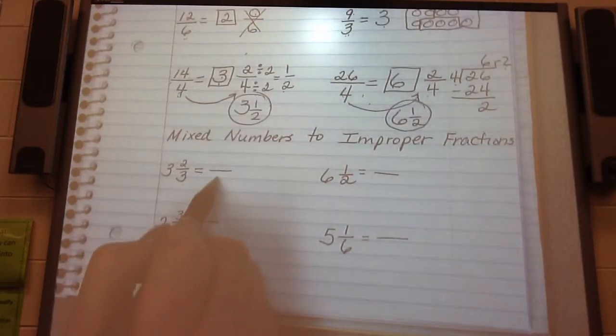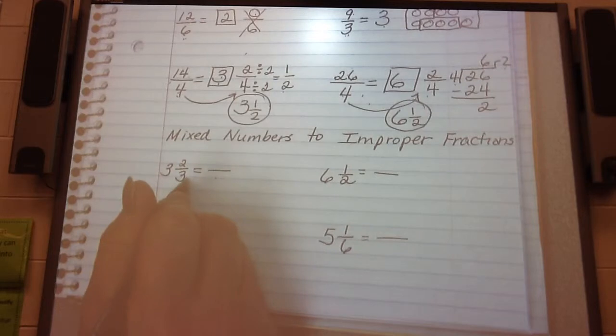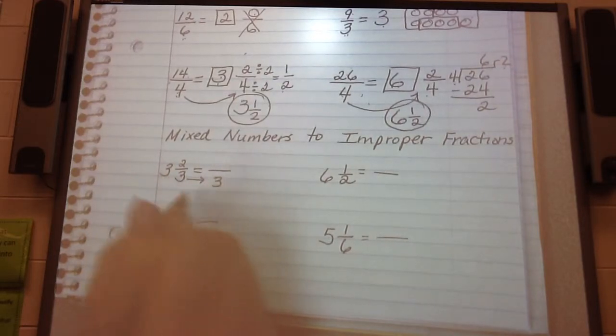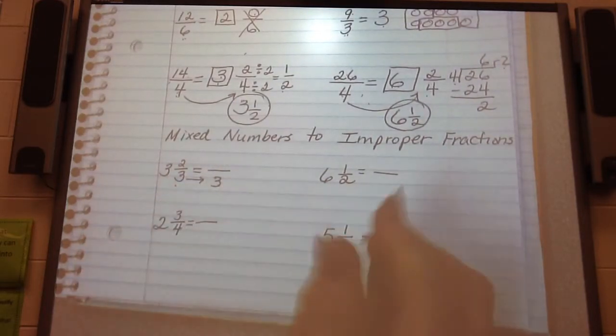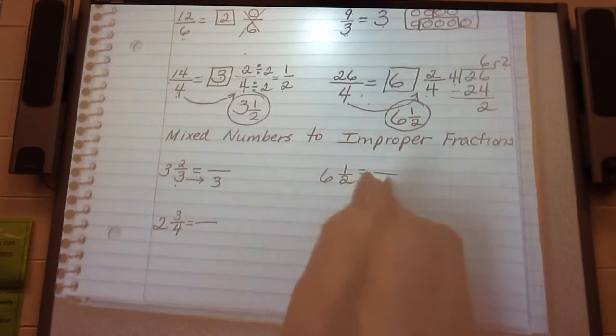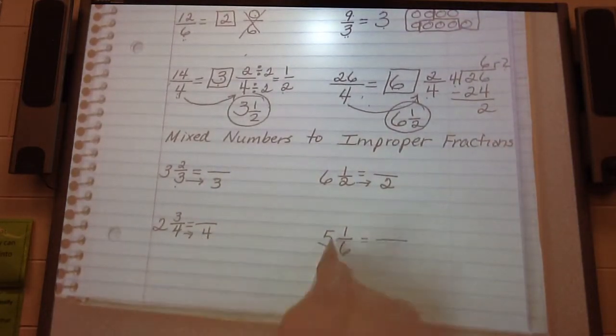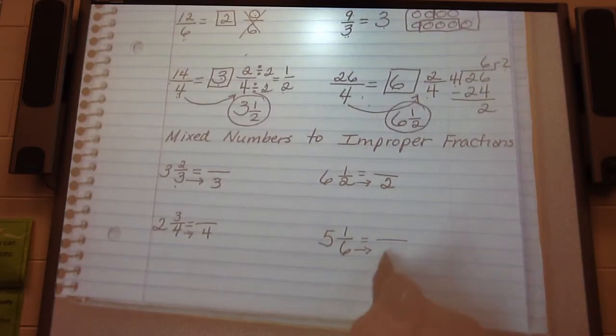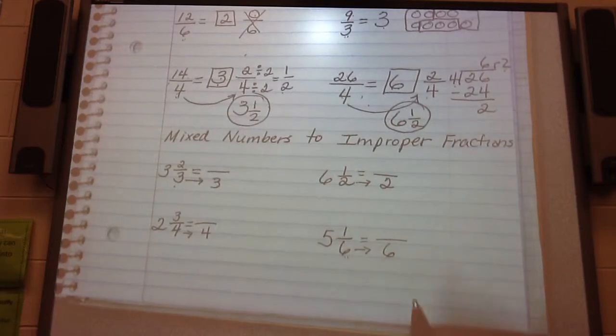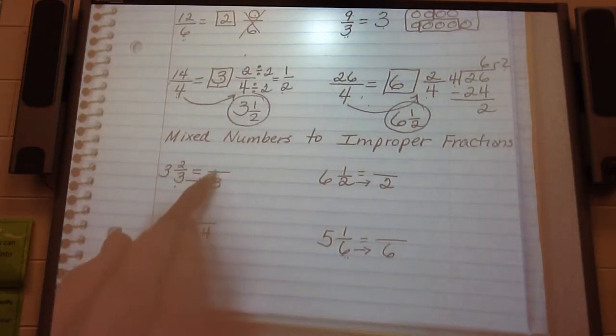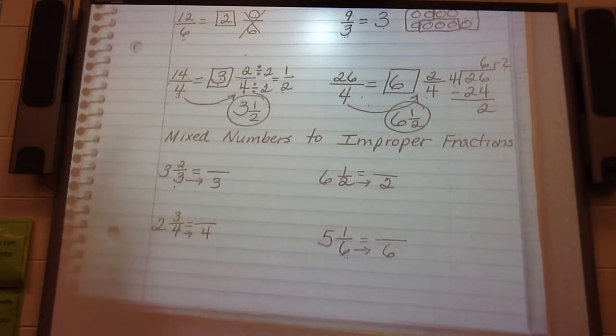And the easiest thing to remember is that this is going to stay the same. If the denominator was a 3 here, it's going to remain a 3. If the denominator here is a 2, it's going to remain a 2, and so on and so forth. When turning a mixed number into a fraction, use the denominator that's there, because that's going to be the denominator of the new number. And in order to find the numerator, you have to do 2 things.